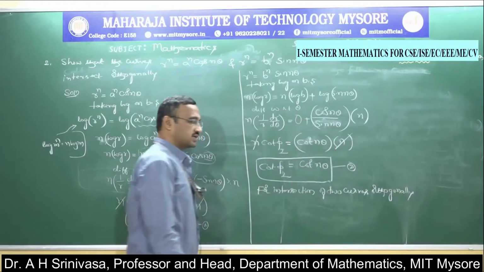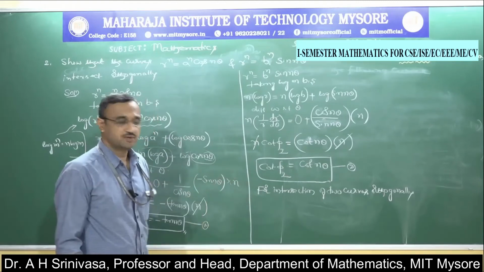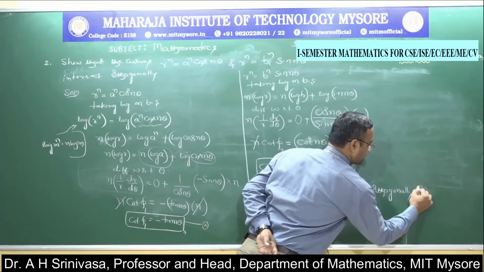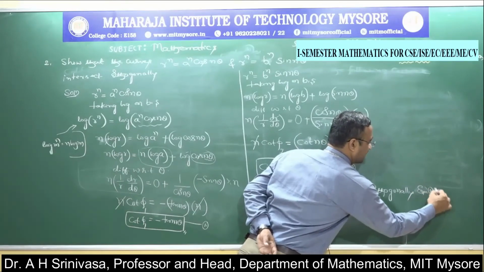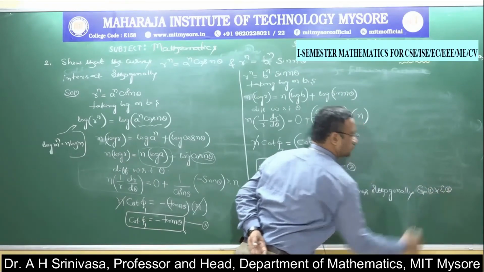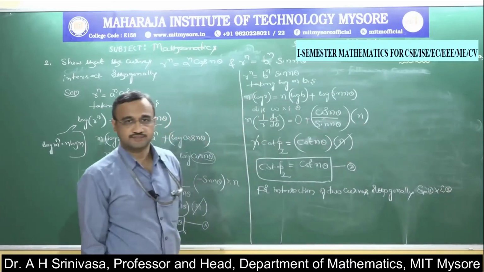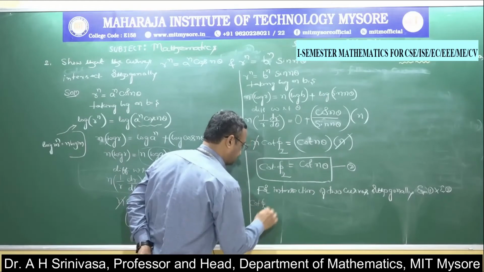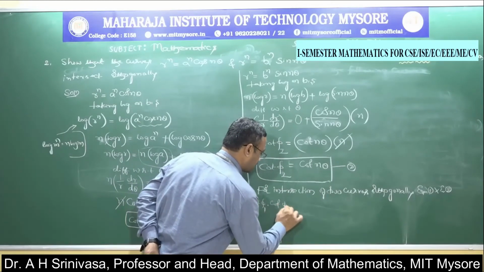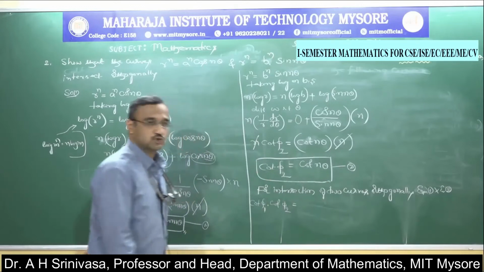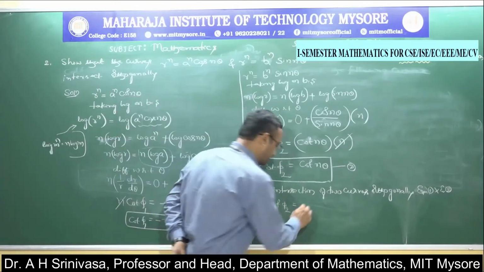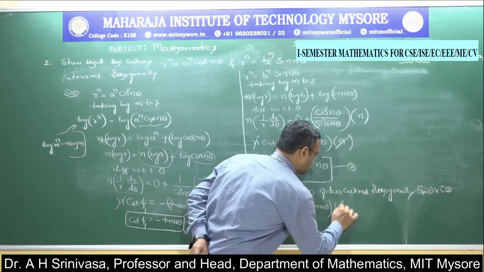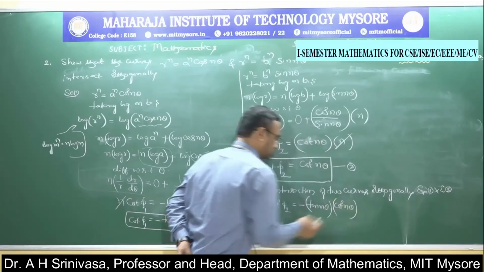If two curves intersect orthogonally, now take the product of equation 1 into equation 2. What do I get here? Cot of phi 1 into cot of phi 2 should be equal to the product of these two: minus tan n theta into cot n theta.